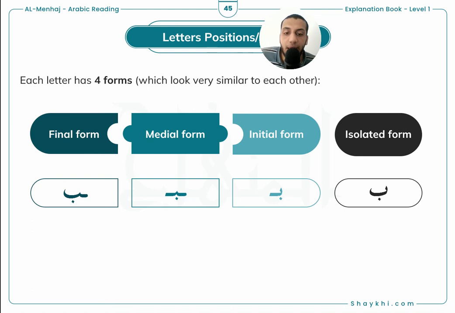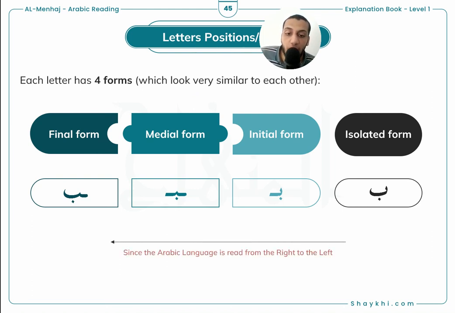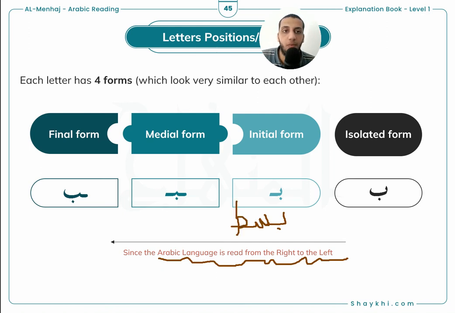Now it's time to understand this point: the Arabic language is read from right to left. So we will start writing from right to left like this. If we write a word like ba, sa, ta, the word we said.